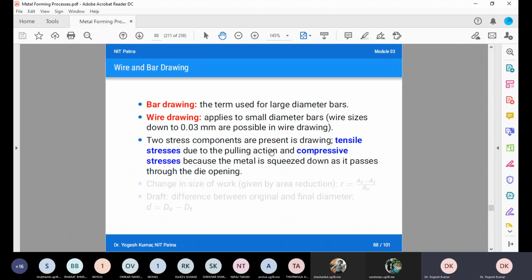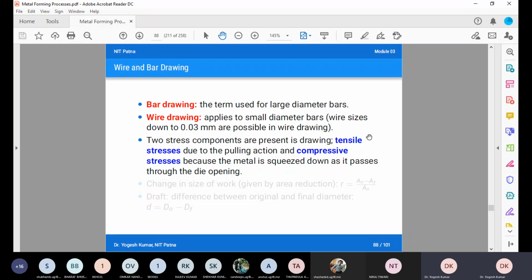Compressive stresses are generated because the metal is squeezed down as it passes through the die opening. So on one side of your die there are compressive stresses, and on the other side there are tensile stresses.